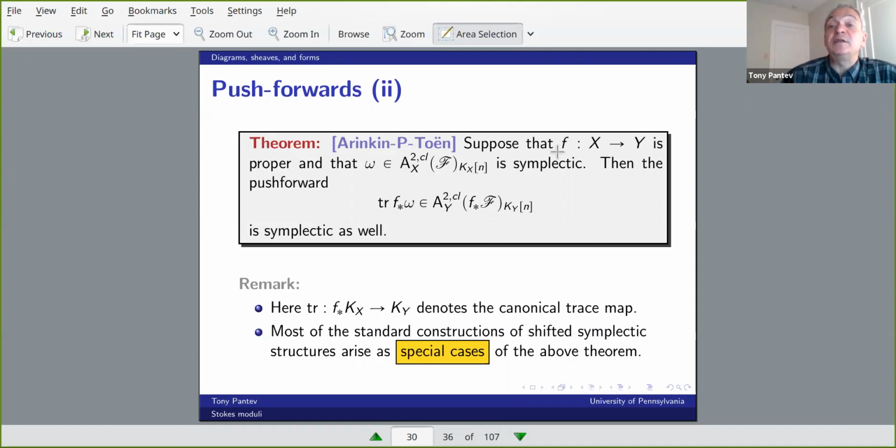And the theorem is that if the map is proper and you start with something symplectic on the source, the trace of the push forward is going to be symplectic on the target. So it gives you a machinery for producing many, many symplectic forms from known ones.